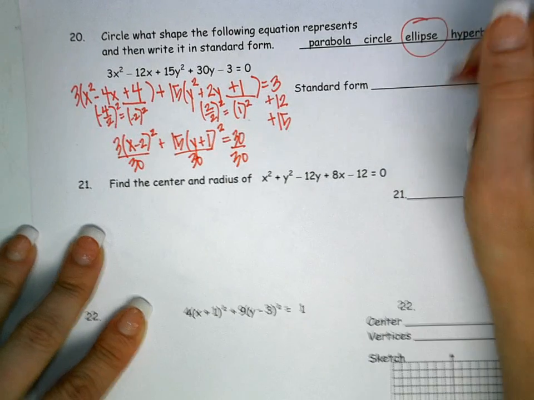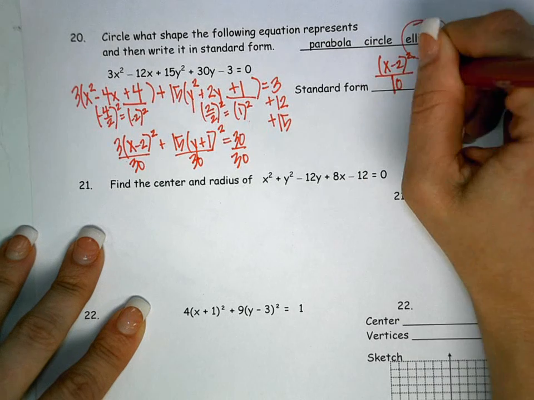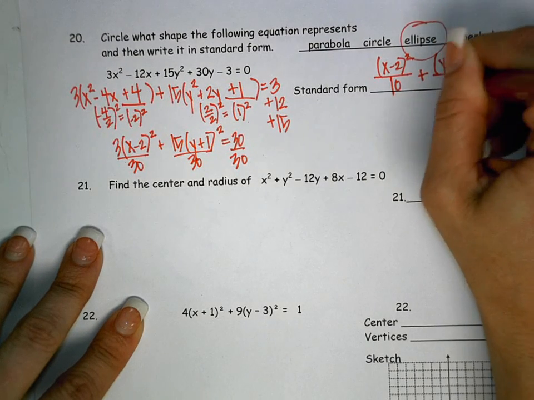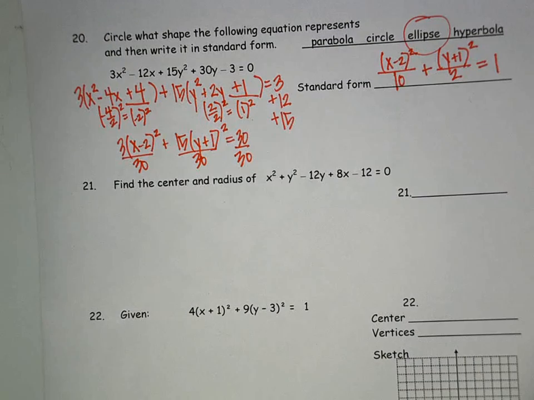So that's going to give you an equation of x minus 2 squared over 10 plus y plus 1 squared over 2 equals 1.